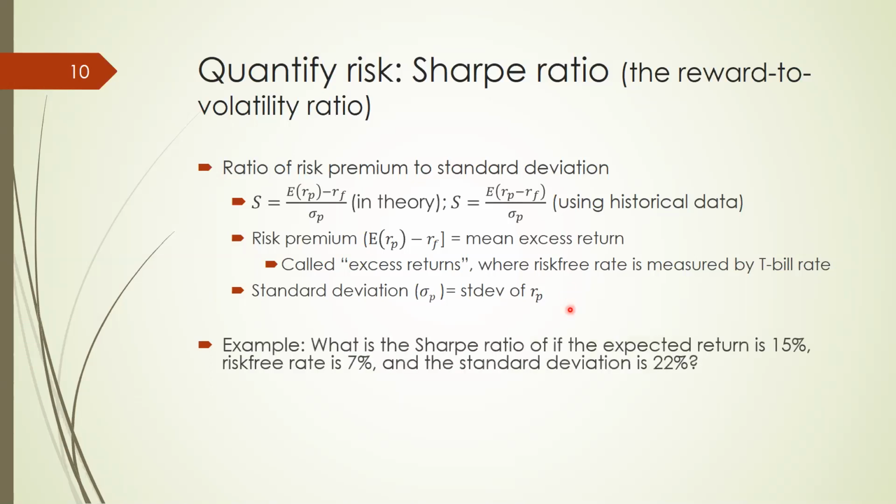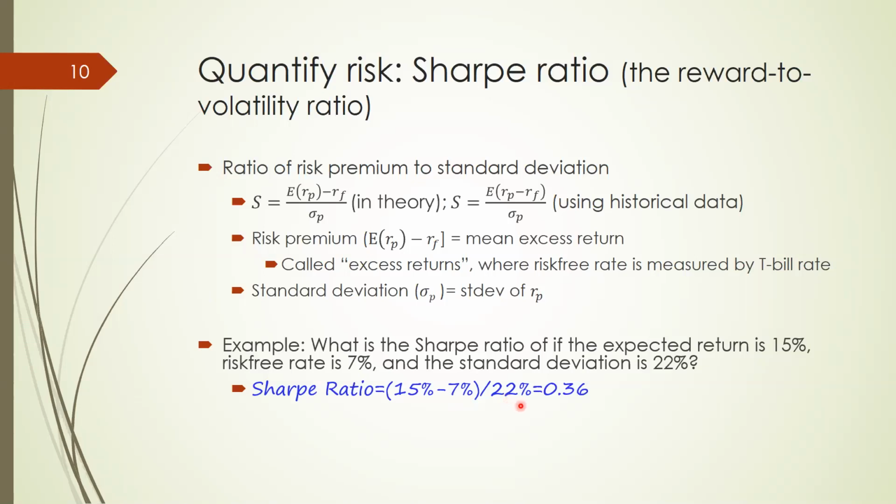Let's look at an example. If the expected return is 15%, the risk-free rate is 7%, and the standard deviation is 22%, what is the Sharpe ratio? Follow the formula. You take 15% minus 7%, which gives you 8%. 8% is the risk premium.